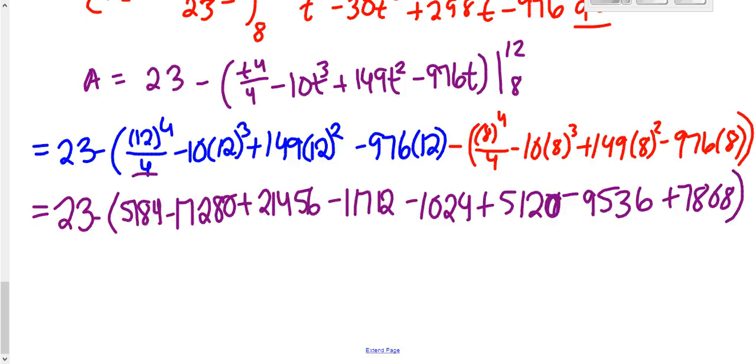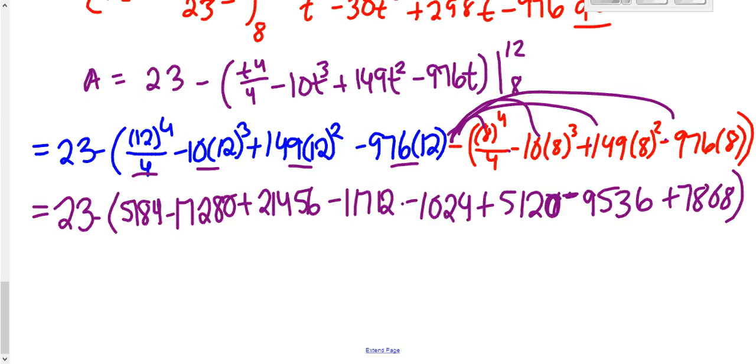What I did was plug each of these into my calculator. I also distributed this negative to get these signs back here. The positive became negative and the negative became positive when I distributed that.